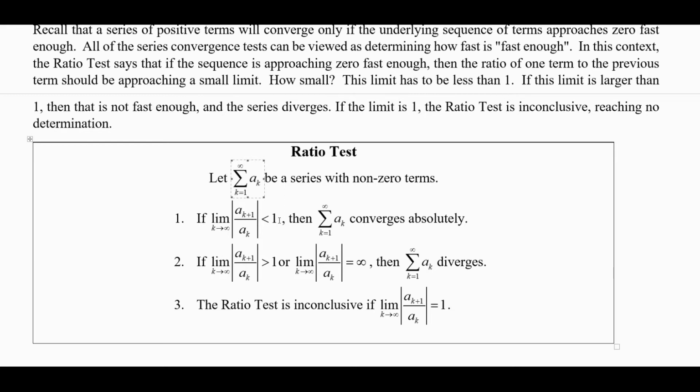If that limit turns out to be less than 1, then the original series converges absolutely. If that limit turns out to be greater than 1, or if it's specifically infinity, then the series diverges. And the ratio test is inconclusive when that limit is equal to 1.